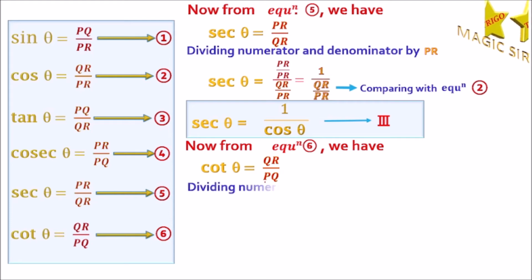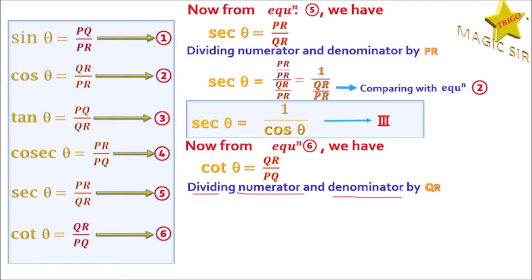Dividing numerator and denominator by QR, we have cot theta is equal to QR upon QR and PQ upon QR.